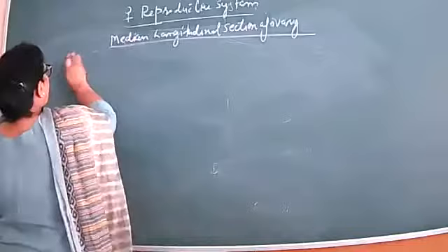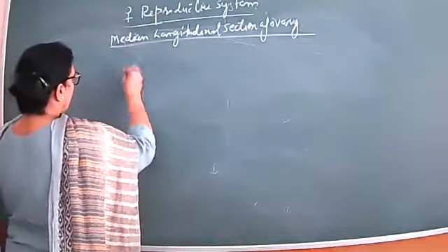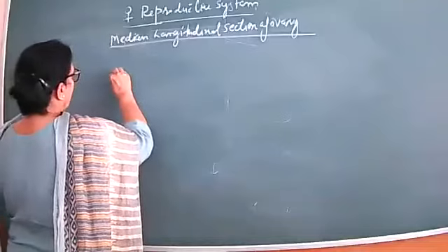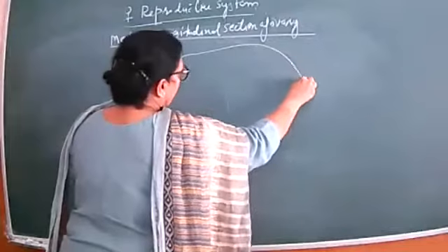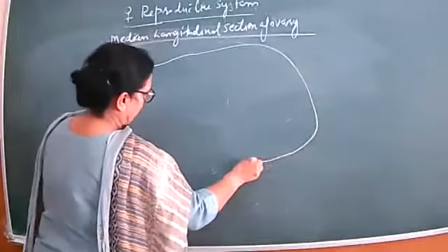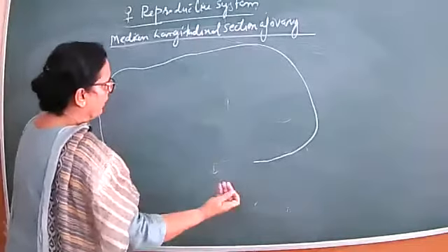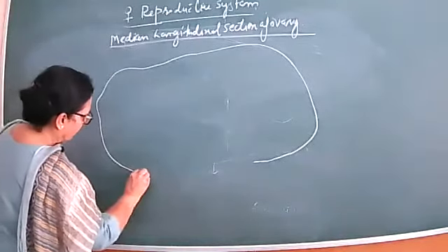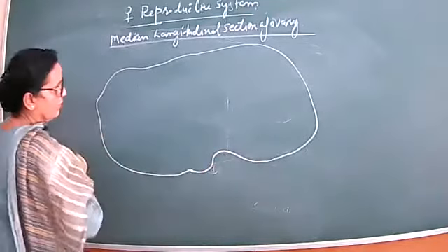This ovary, I already told you, is present in the lower abdominal area, and it is lined by layers. It's not exactly oval, roughly it looks like this, okay? Right.